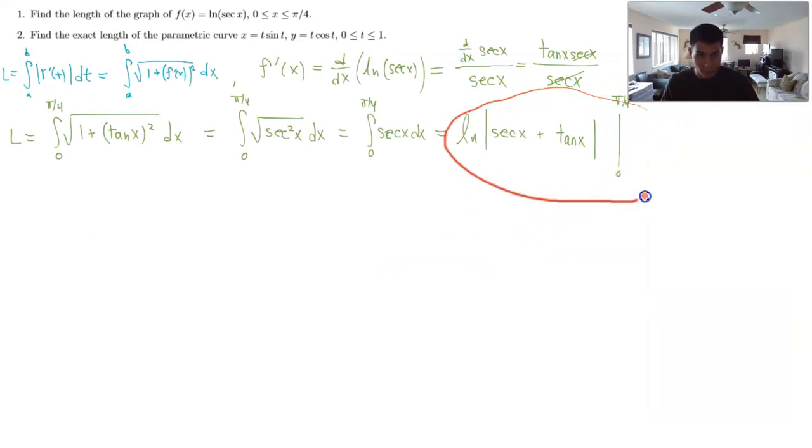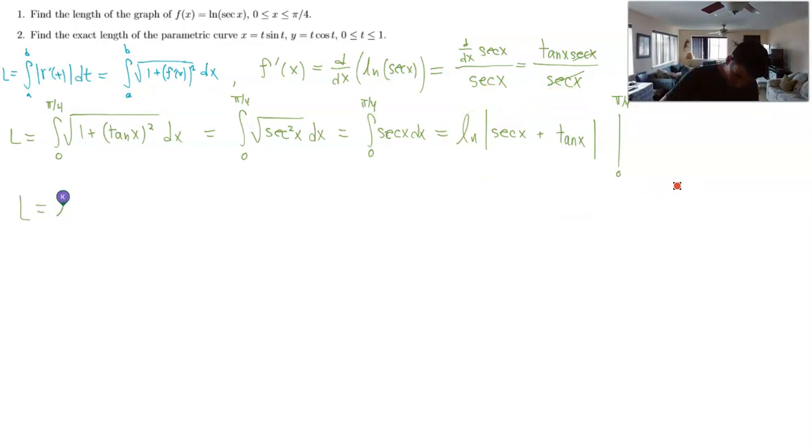So this is what we got. But let's actually get our answer here. So L is equal to ln of secant pi over 4 plus tangent pi over 4. So secant pi over 4 is the same thing as 1 over cosine pi over 4, plus tangent, which is sine pi over 4 over cosine pi over 4.